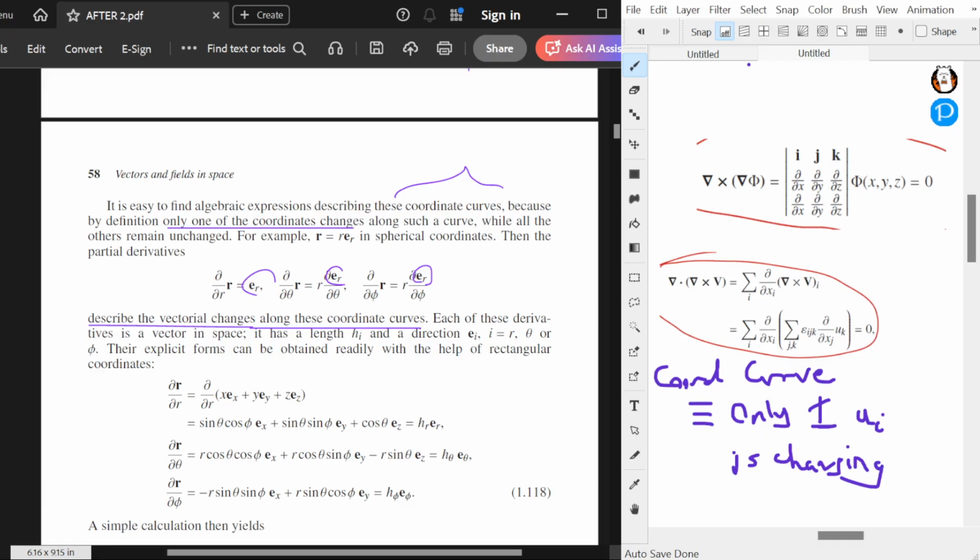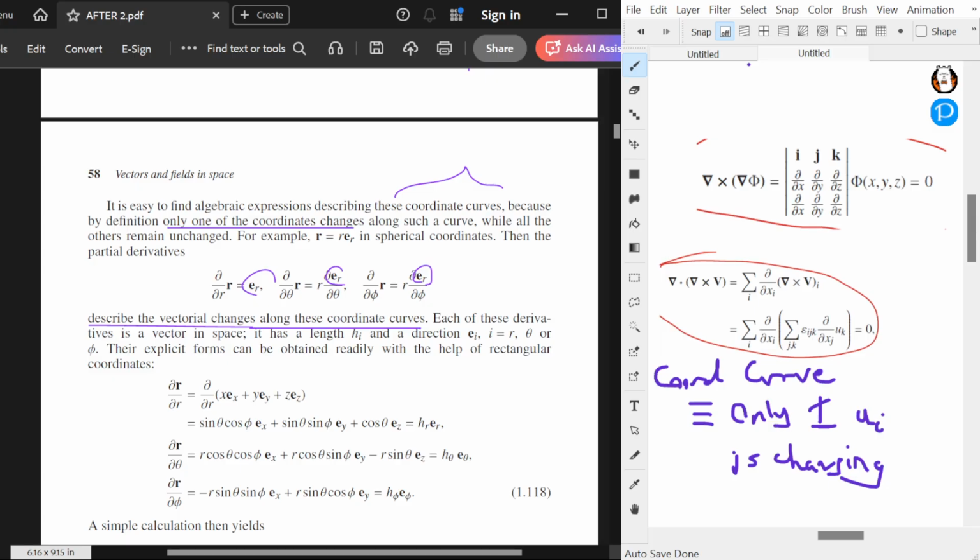Each of these derivatives is a vector in space. Yeah. It has a length h_i and a direction e_i, i equal this, or this. So instead of i being 1, 2, 3, or x, y, z, it is r, theta, phi.